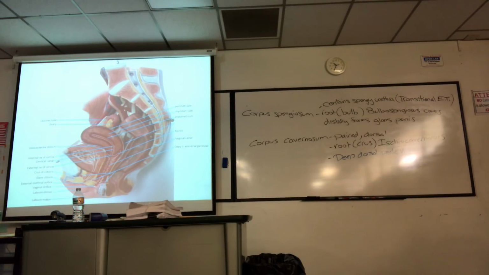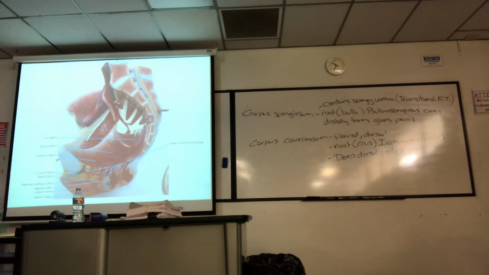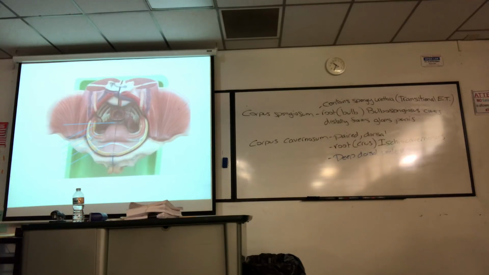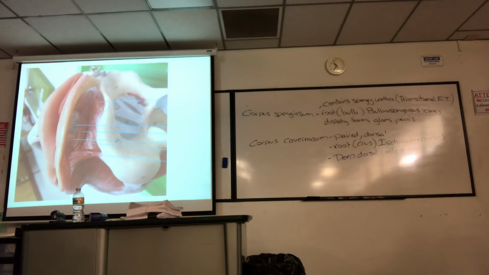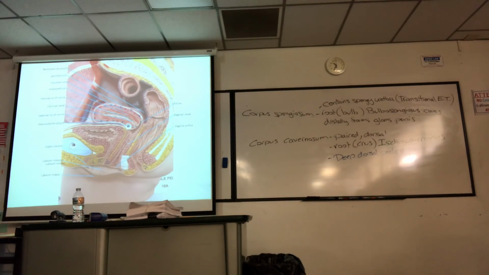So I do one labeled, then unlabeled, but with the leader lines, and then blank. Okay, and I do that for everything that I think I could possibly ask you. These are all pictures that I took of our models in the classroom. And so I really want you to study these models using this document at home.